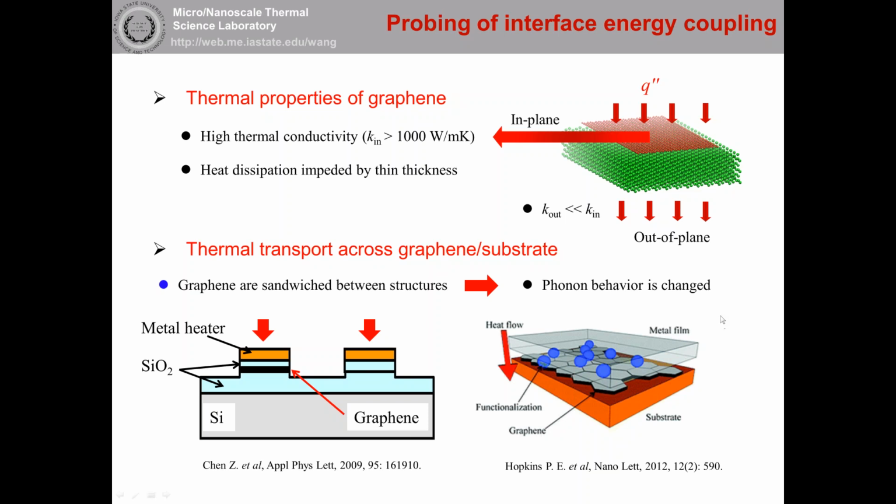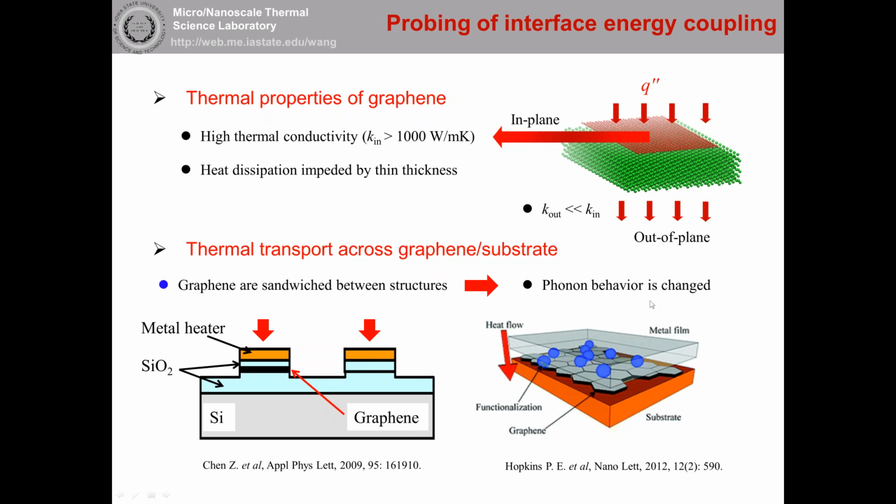The heat dissipation from the graphene is basically controlled by the interface resistance between the graphene and the substrate. So this one is very, very critical. Even though graphene has very high in-plane thermal conductivity, that is not important because graphene is very thin, so heat is not easy to go away along the plane. It's controlled by the interface.